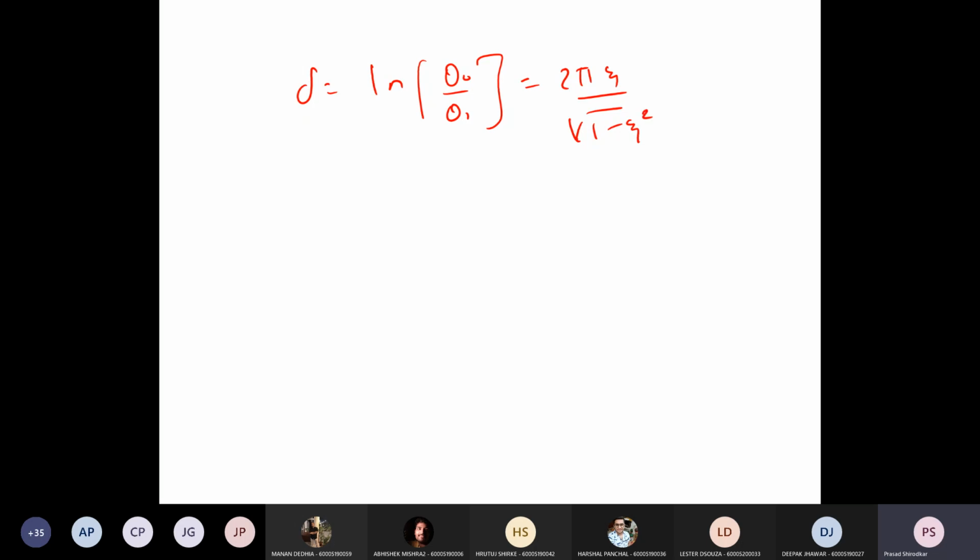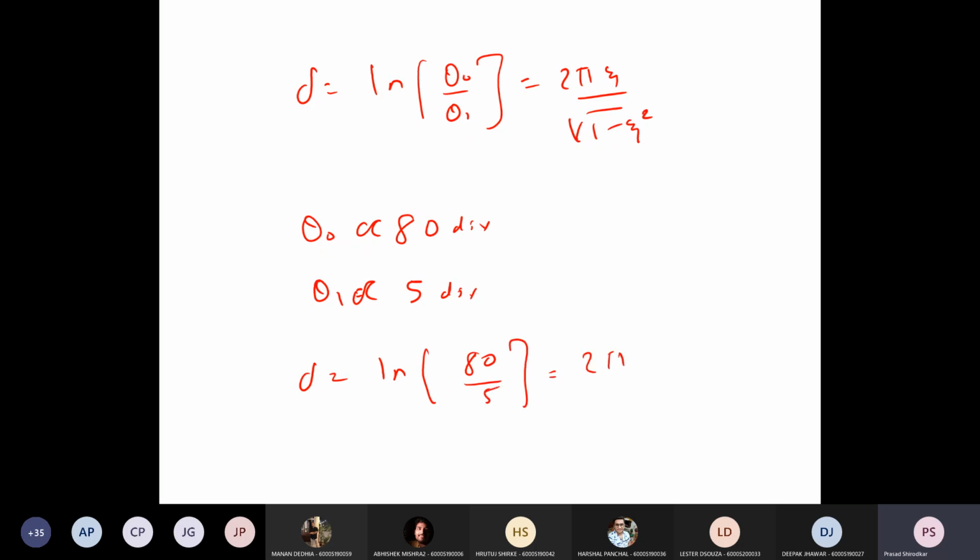Theta 0 will be proportional to 80 divisions, we don't really need to convert everything into degrees, and theta 1 will be proportional to 5 divisions. So substitute that. Delta is equal to natural log of 80 divided by 5, equal to 2 pi zeta upon square root of 1 minus zeta square, and find out zeta. Give me the value.